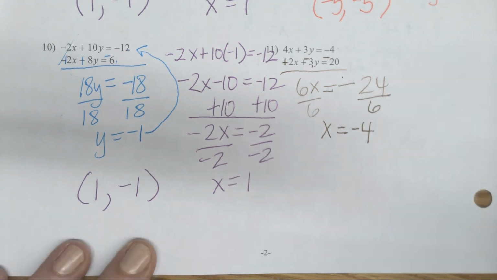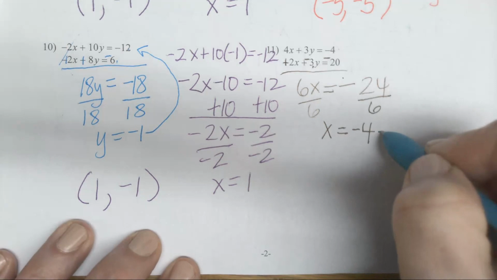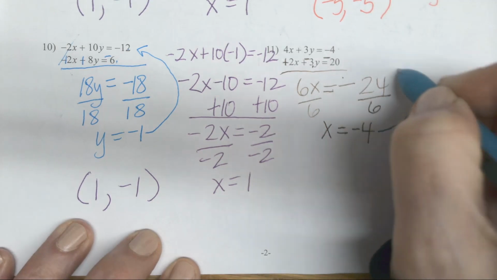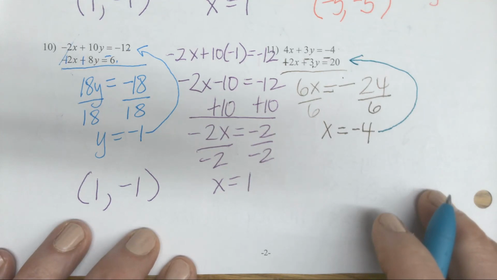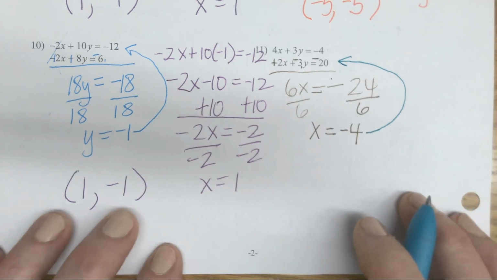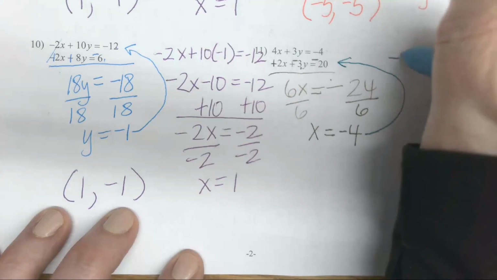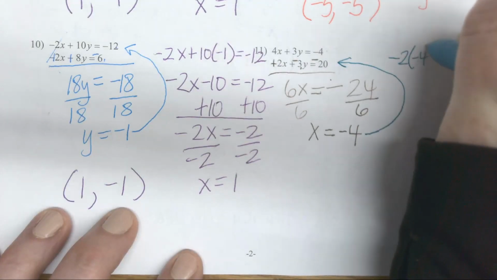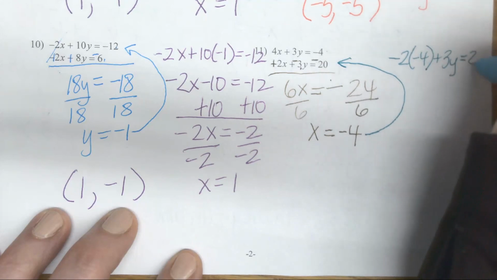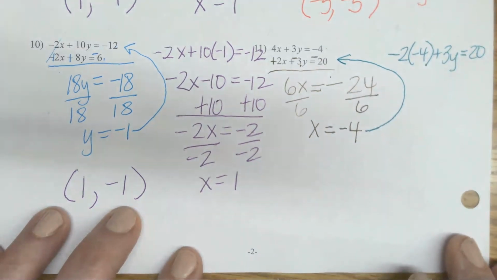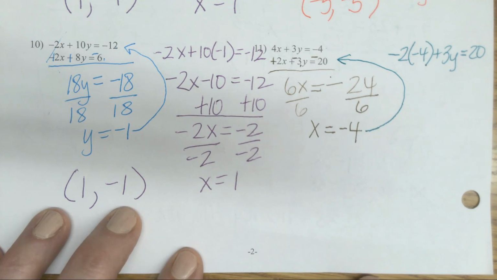Now I'm going to go ahead and find the y. Where should I put it? Bottom one. Bottom original or bottom adjusted? Original. So negative 2 times negative 4 plus 3y equals 20. If you wanted to put it in the other one, that's fine.